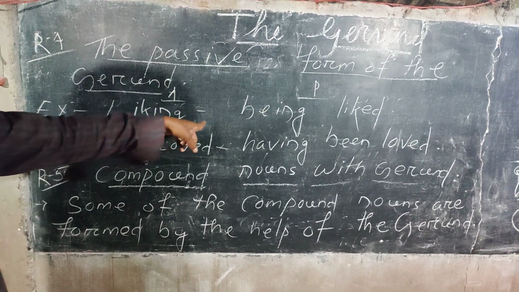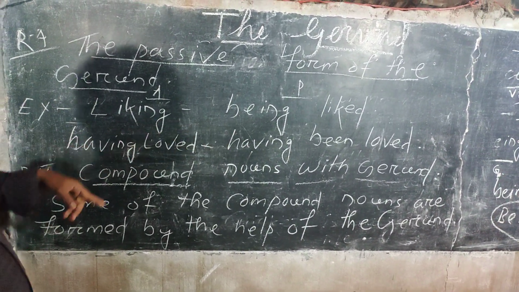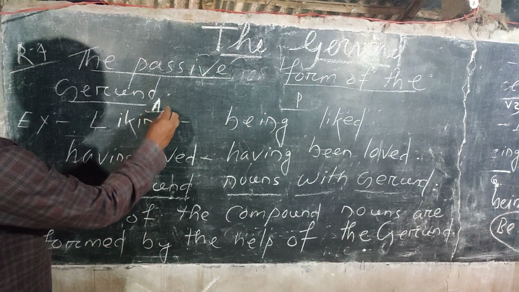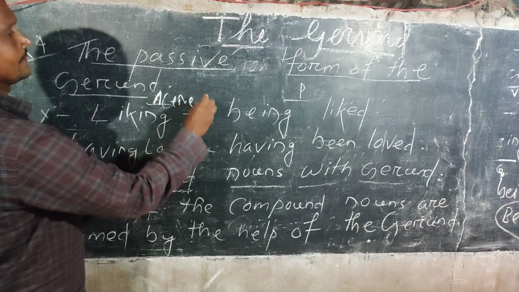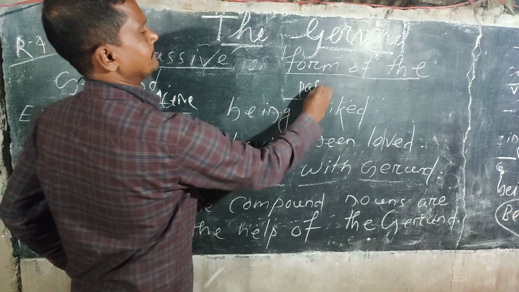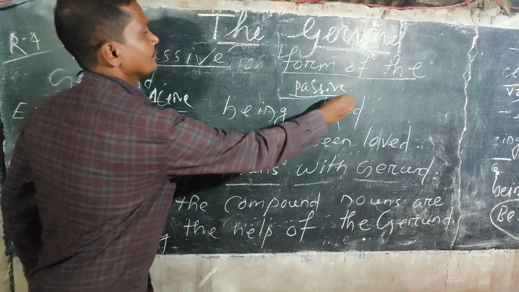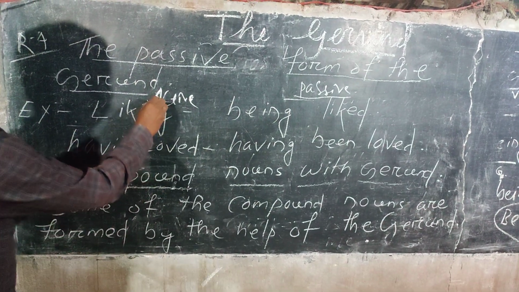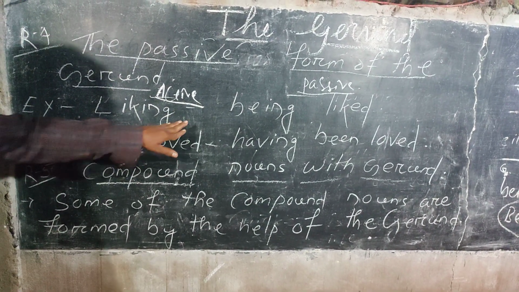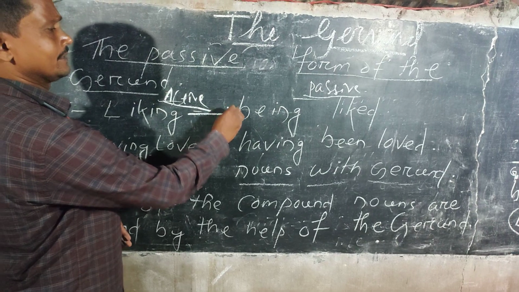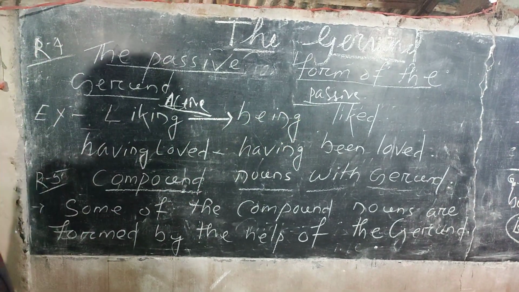Liking, and its passive form will be, that means A means active and P means passive. Here the active form is liking and its passive form will be being liked.